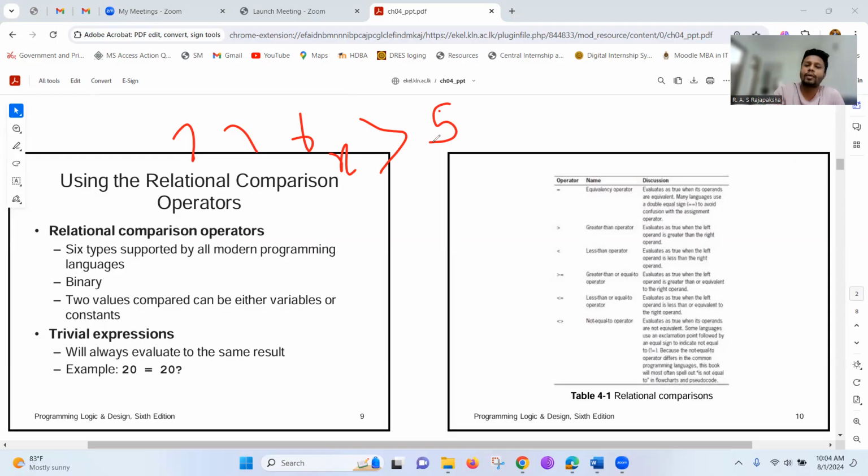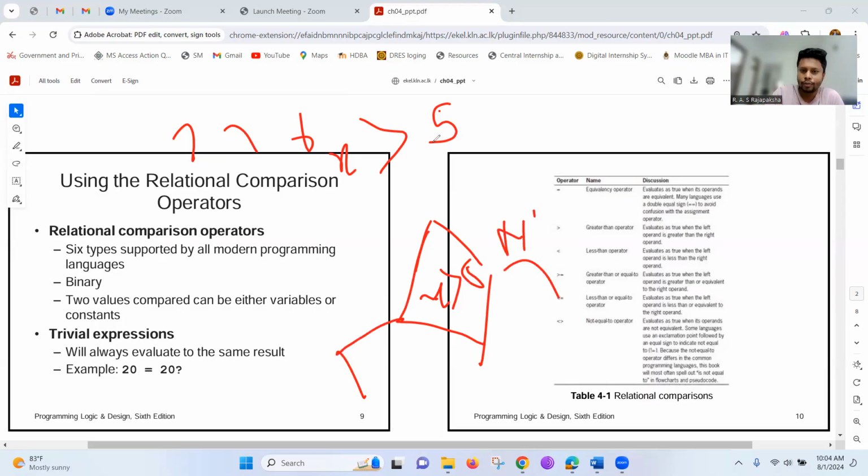Here we are talking about Boolean. If we are taking this kind of decision, x greater than 5, you may have two options, no and yes, or true or false. You get the true answer when the left operand is greater than the right hand operand. Definitely.